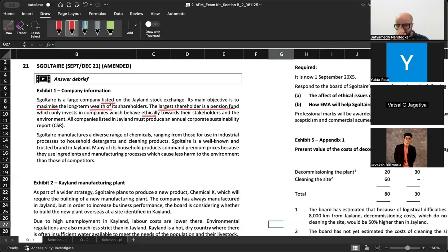All companies listed in Jayland must produce an annual corporate sustainability report. Skolitaire manufactures a diverse range of chemicals, ranging from those for use in industrial processes to household detergents and cleaning products. Skolitaire is a well-known and trusted brand in Jayland. Many of its household products command premium prices because they use ingredients and manufacturing processes which cause less harm to the environment than those of competitors.